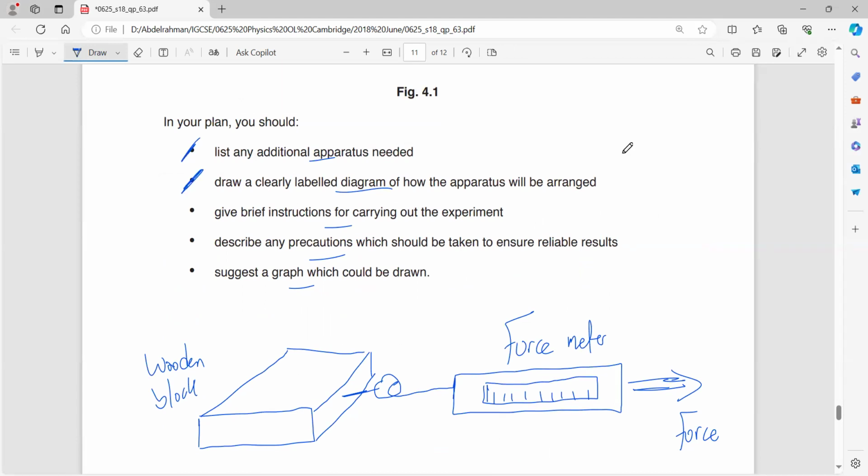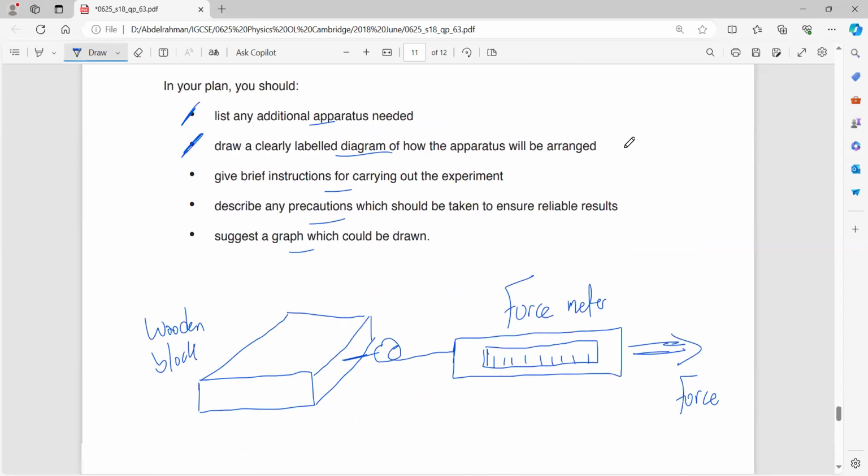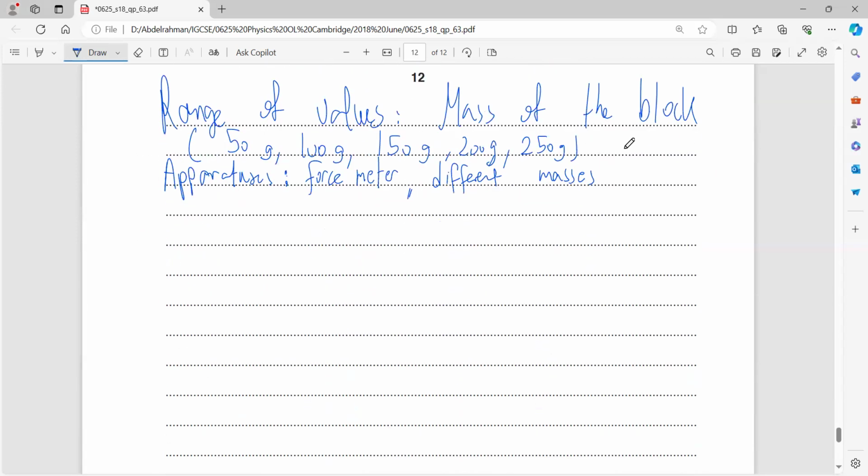I need to write down the steps. What are the steps? What are the brief instructions for carrying out this experiment? For each block, maybe the first one 50, and we try.